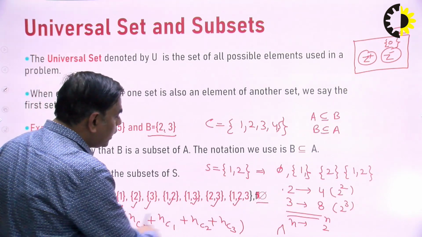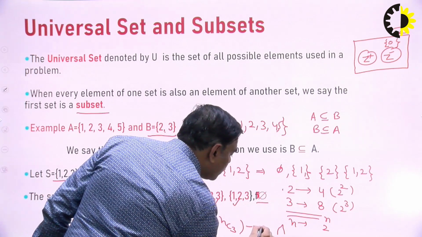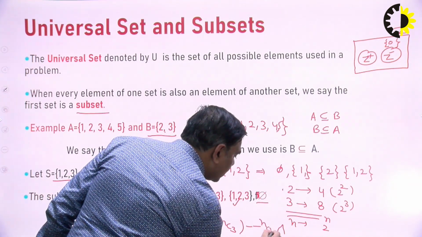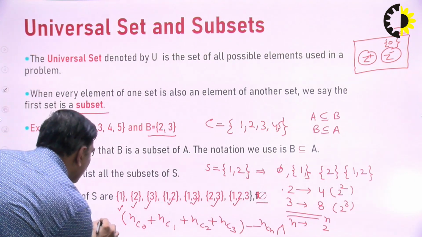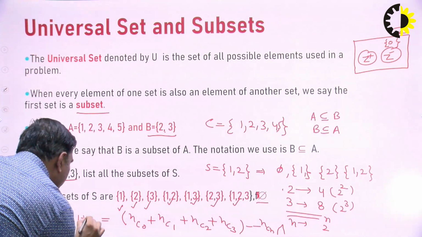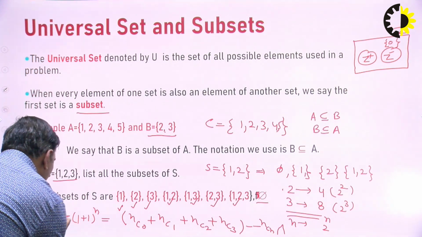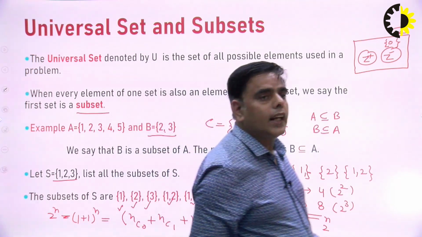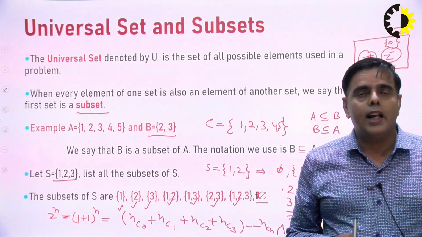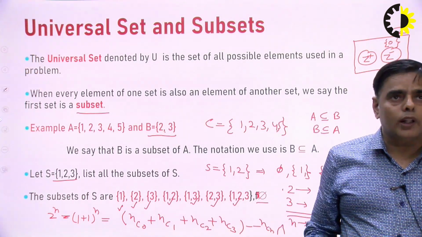If there are n elements, the same sequence will go up to NCN. And what does it mean? This is the binomial expansion of (1 plus 1) to the power n. So this is equal to 2 to the power n. So we can generalize that if there are n elements in a set, the number of possible subsets is 2 to the power n.